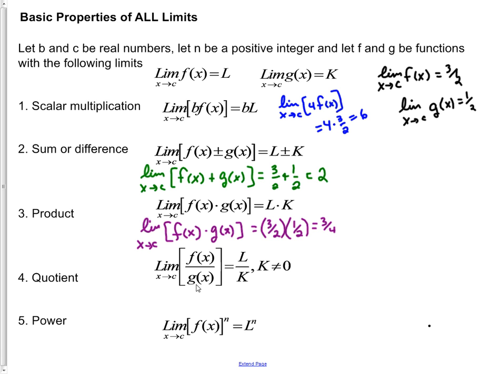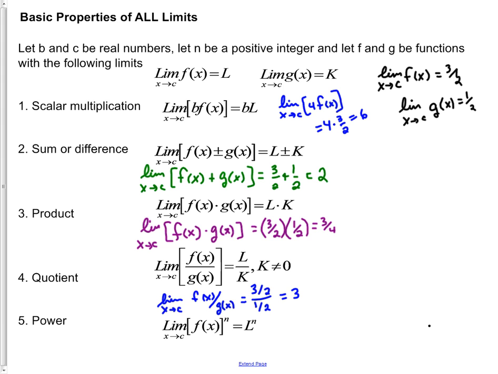Taking the limit as x approaches c of f of x over g of x in this particular example is going to be the same as if we took 3/2 and divided it by 1/2, which is the same thing as multiplying the numerator by 2. Our limit will be 3.